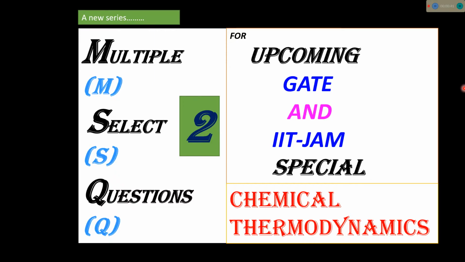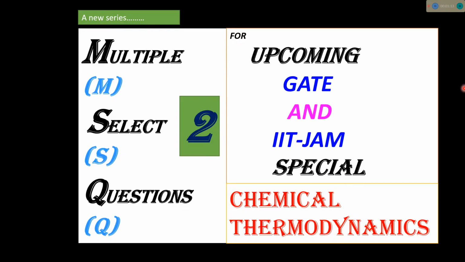Since we usually see this type of MSQ question in GATE or IIT-JAM exams, this series is special for GATE and IIT-JAM aspirants. But again, this type of question is also very important for other competitive exams regarding chemical science subjects.